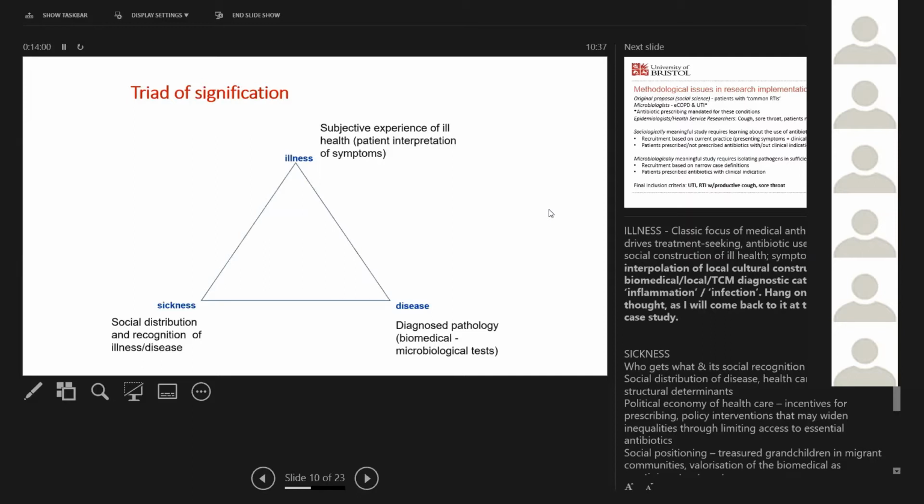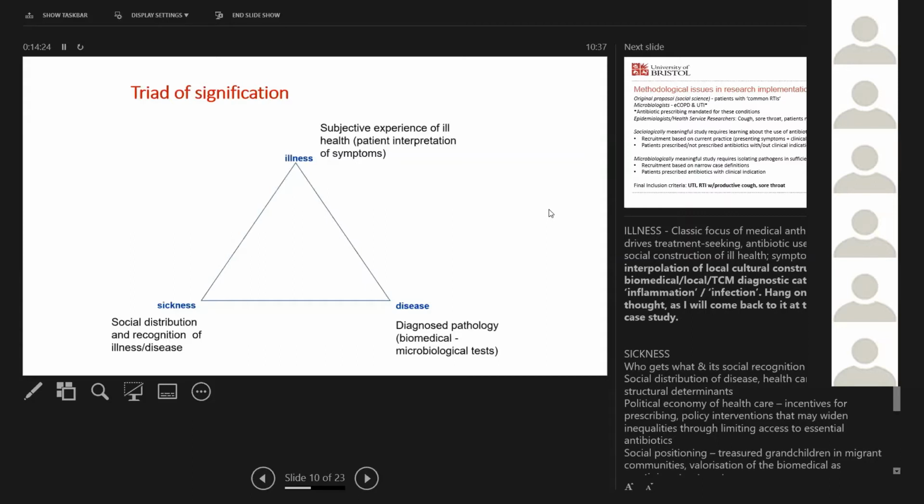And it links this subjective experience of ill health at the top, that's to say illness, with diagnosed disease on the bottom right, and the social recognition, who gets what and how it's recognized socially, which we characterize as sickness.